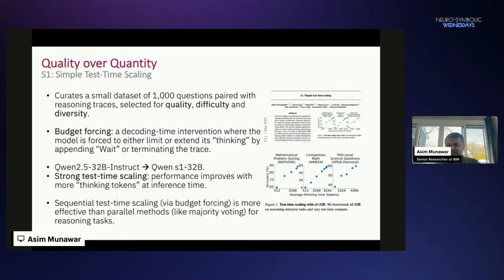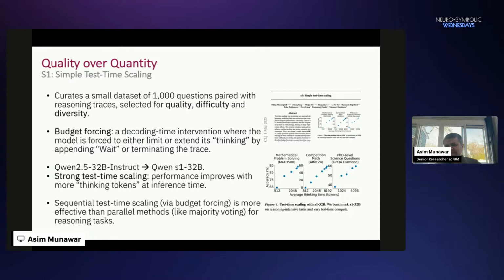They first created 50 or 60,000 data points, and they selected the best 1,000 question answer pairs, and they did a little bit of fine tuning, and they converted a model into a good test time scaling model or reasoning model.